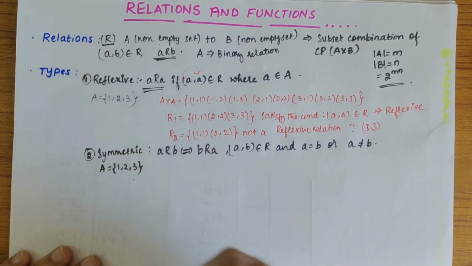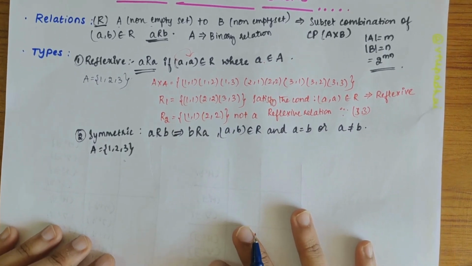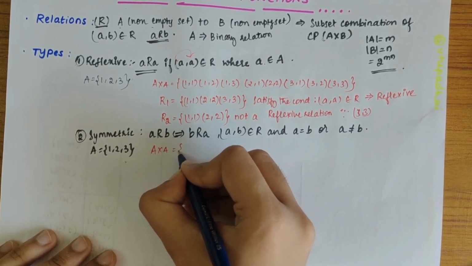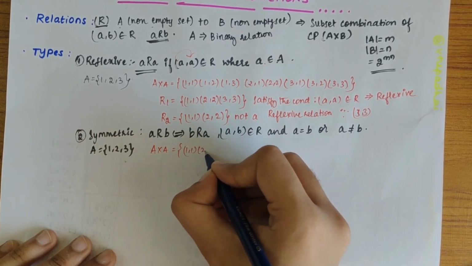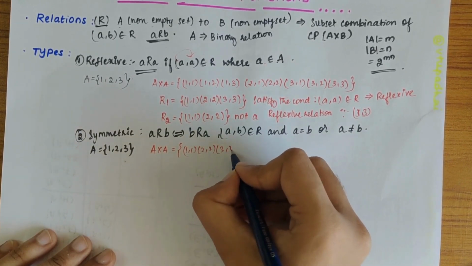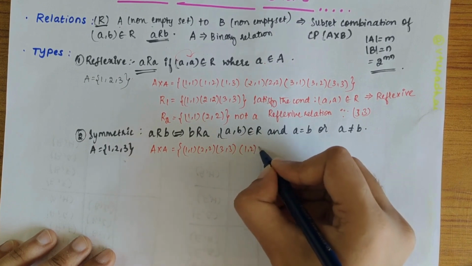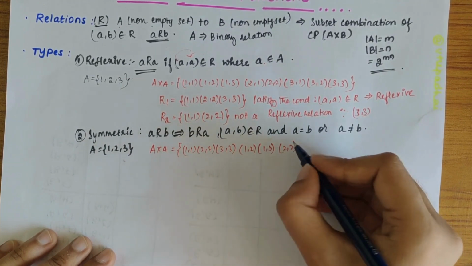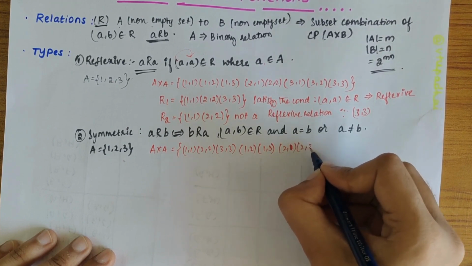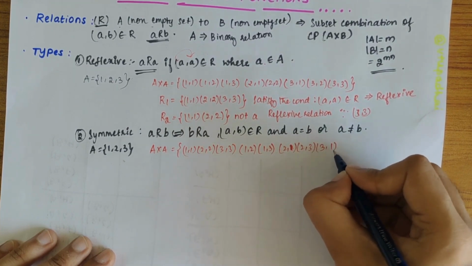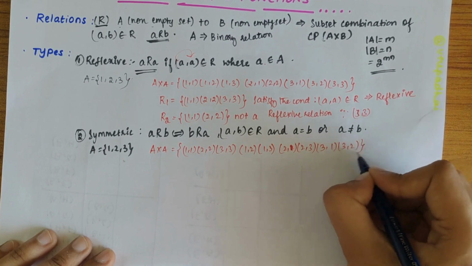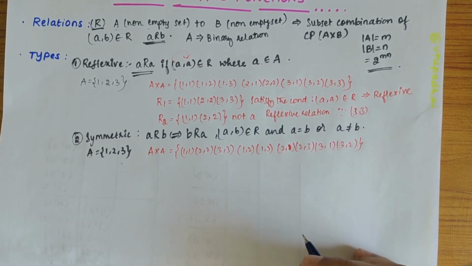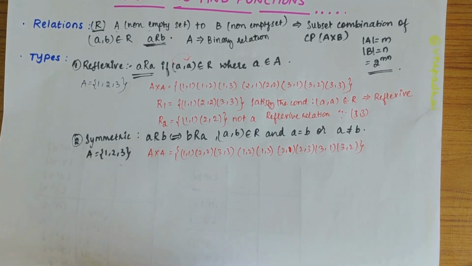Again the same set, and writing A cross A: (1,1), (2,2), (3,3), (1,2), (1,3), (2,1), (2,3), (3,1), (3,2). I am randomly writing the combinations just to explain this relation.